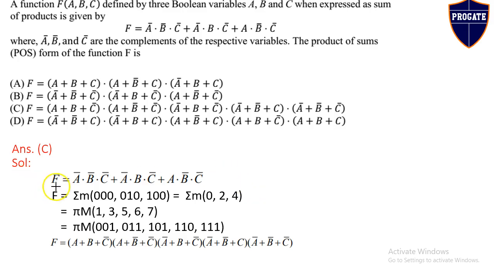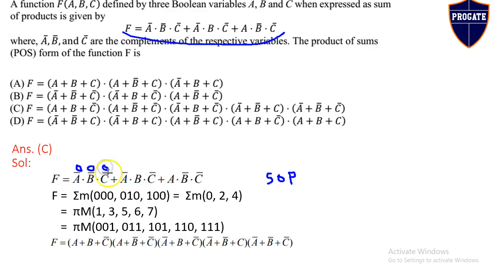In the given question, this is the expression, which is a sum of three product terms, that is SOP fashion. In SOP fashion a variable is represented by 1 and its complement by 0. So here a bar is present means we write 0, b bar 0, c bar 0.